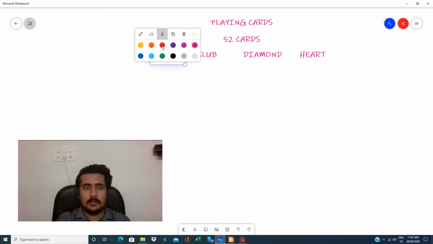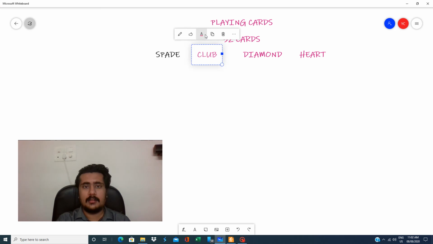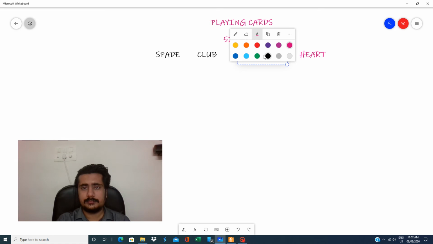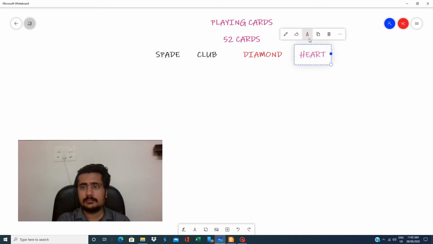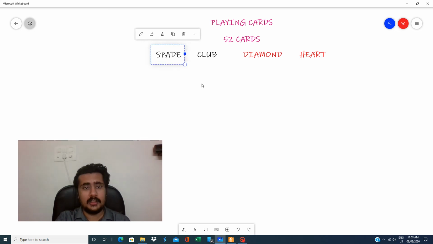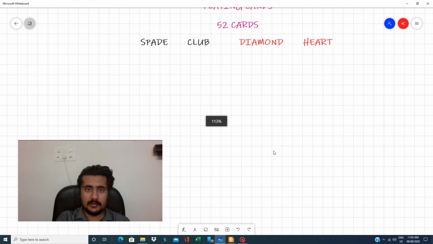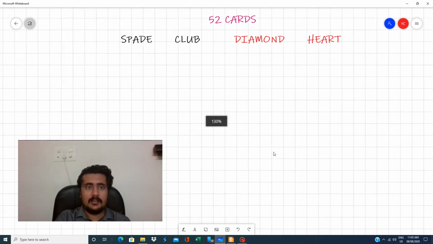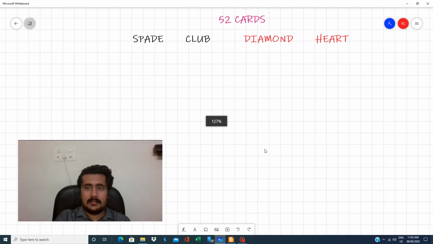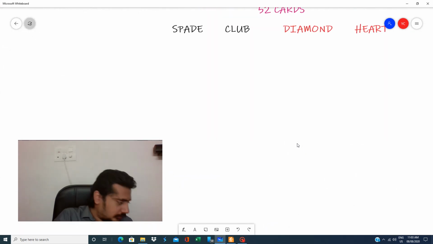Now, spade and club are black in color, and diamond and heart are red in color.